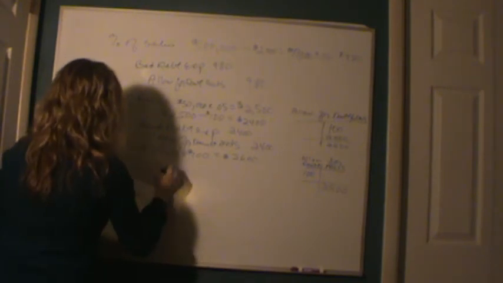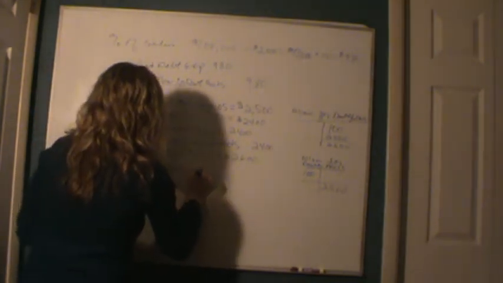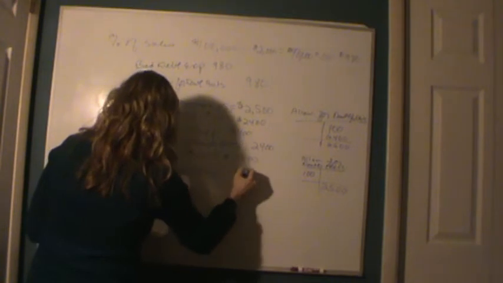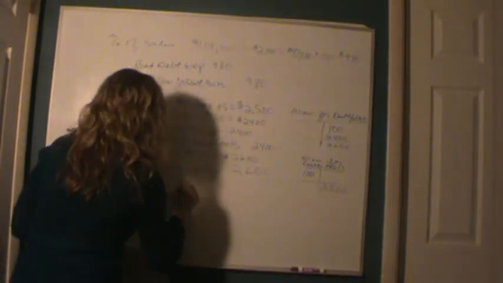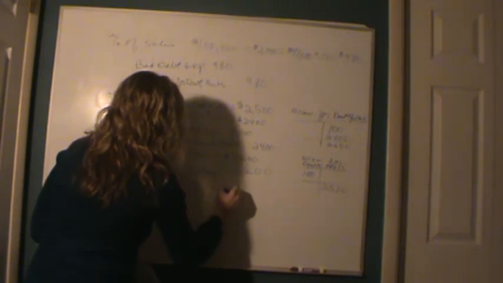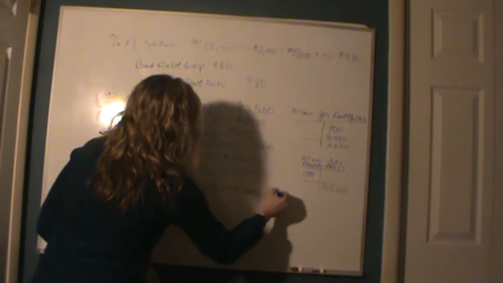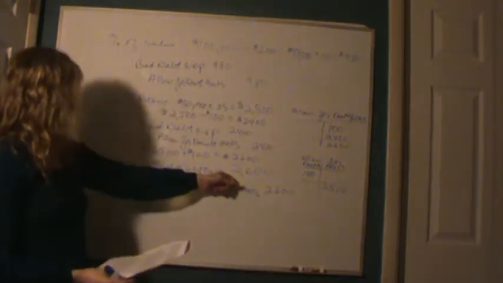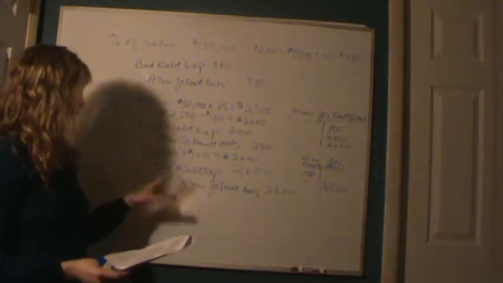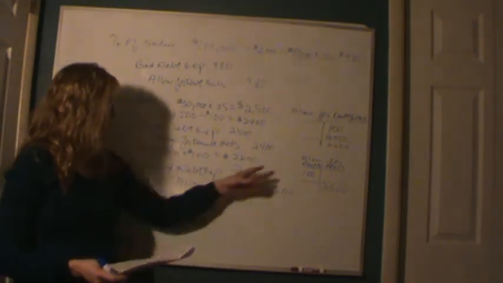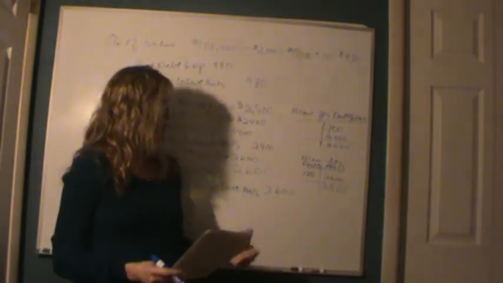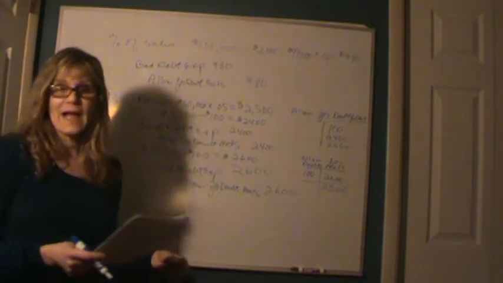So we're going to have bad debt expense, 2,600, allowance for doubtful accounts, 2,600. So we're going to debit bad debt expense, credit allowance for doubtful accounts for the 2,600, and when we do that, that will end up giving us a credit balance of 2,500 in our allowance for doubtful accounts, which is what we're looking for.